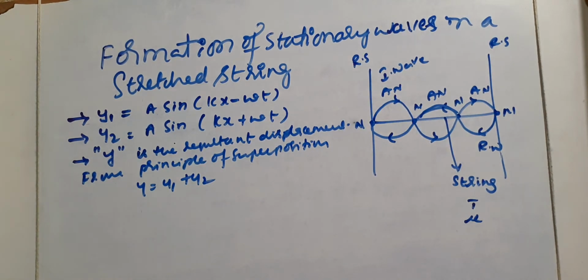So the resultant displacement caused by the resultant wave is equal to the sum of the displacements of the vibrating particle caused by the incident and reflected waves.